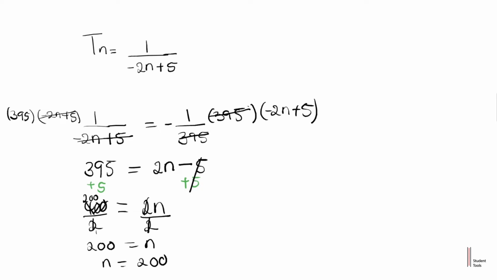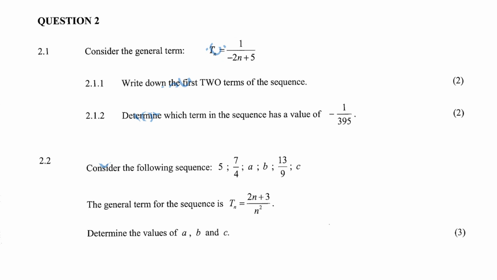All right, let's move on to 2.2 says, consider the following sequence, 5 up to a c. The general term for the sequence is Tn equal to 2n plus 3 over n squared. Determine the values of a, b, and c.